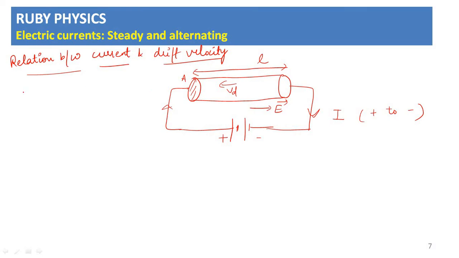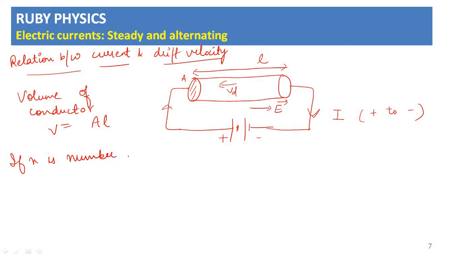In this case, the volume of the conductor can be written as area multiplied by length, so V is equal to AL. If n is the number density of electrons, what does number density of electrons mean? It means the number of electrons per unit volume.